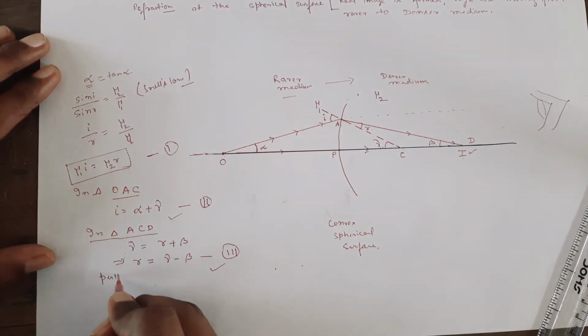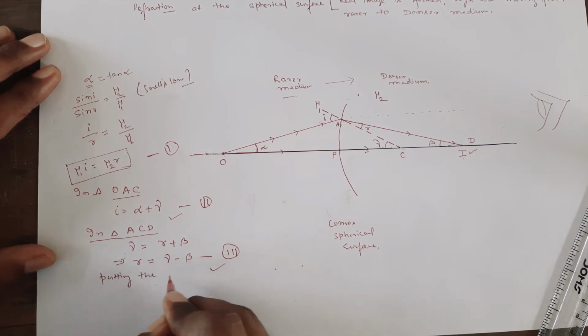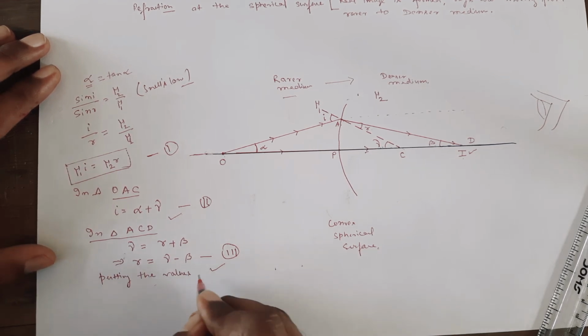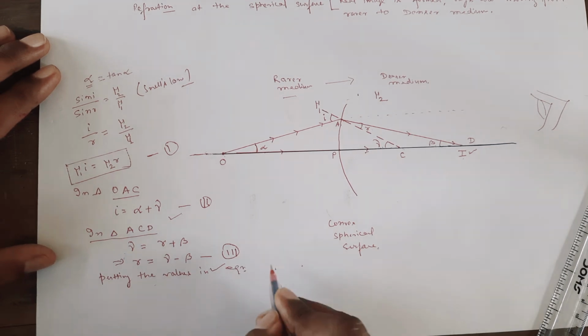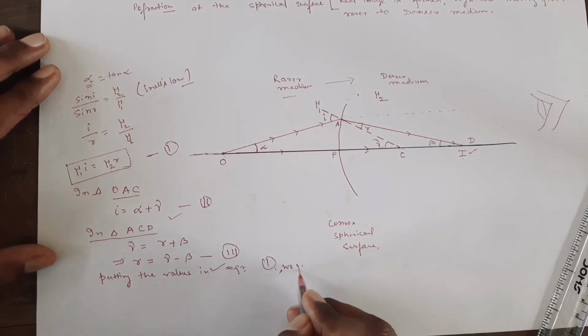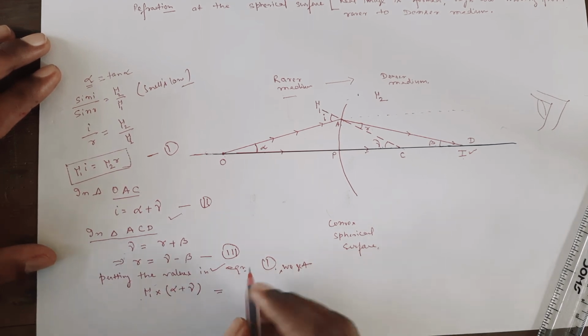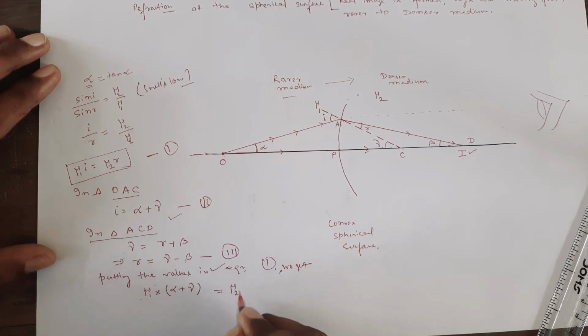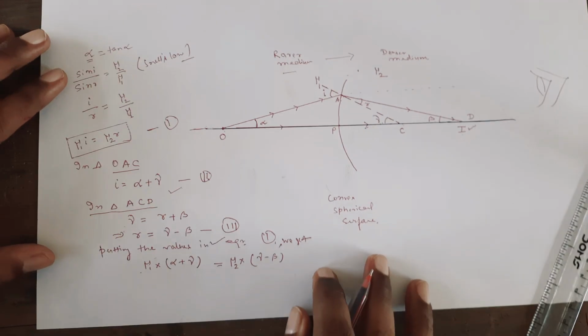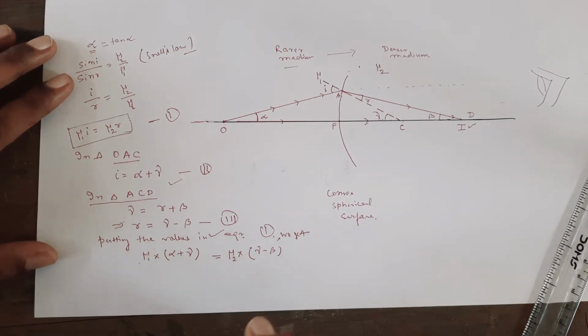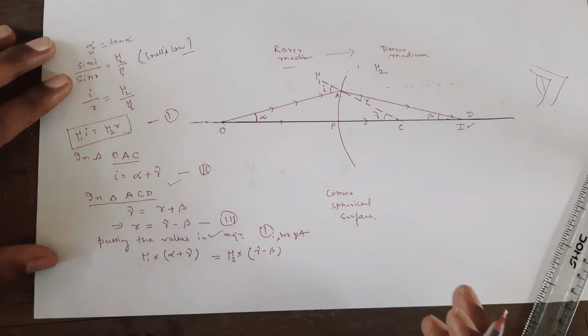Putting the values in equation 1, see what we are getting: mu1 into I, which is alpha plus gamma, is equal to mu2 into R, which is gamma minus beta. See, mu1 into alpha plus gamma.